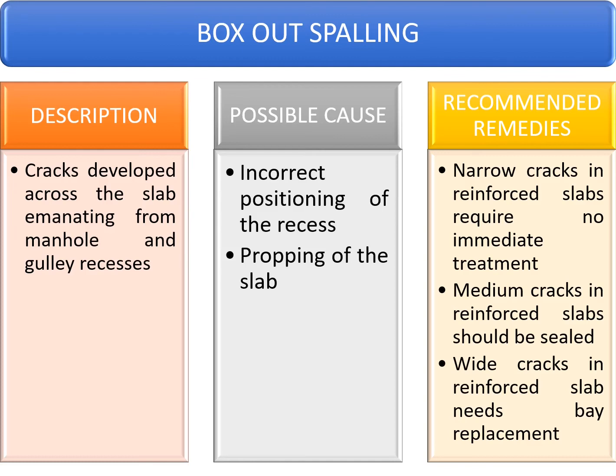Generally, narrow cracks in reinforced slabs require no immediate treatment, but medium cracks in reinforced slabs should be sealed properly with the approved sealing material, which should have a lifespan of at least 10 years. And wide cracks in a reinforced slab, or any crack in unreinforced slabs, need to be repaired using a replacement method, that is bay replacement or complete panel replacement.